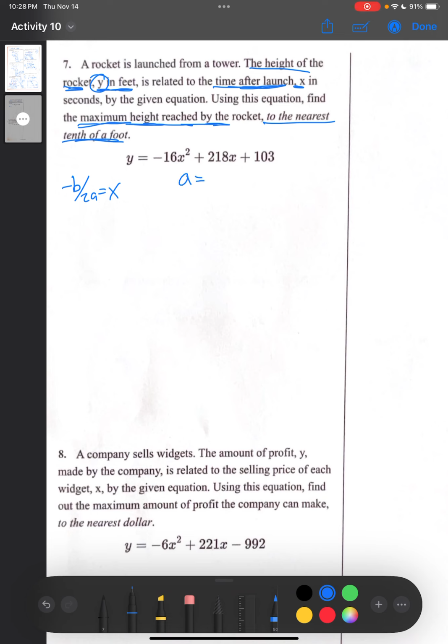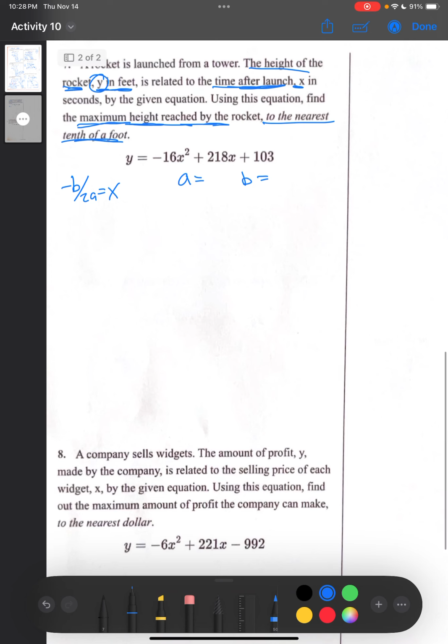Our a is going to equal negative 16, and our b is going to equal 218. Through this, we find negative 218 over 2 times negative 16, right? This is our x.